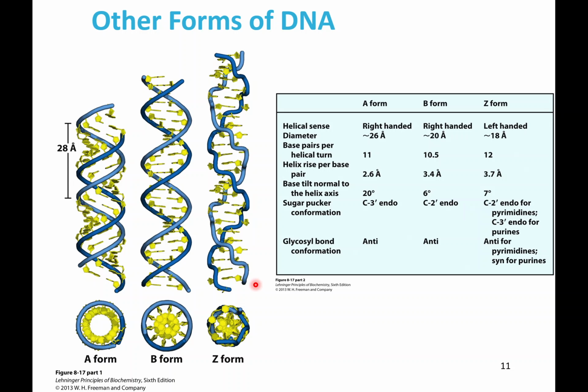The Z form is completely different. The Z form is a left-handed helix. Some of these other numbers probably aren't very important to remember because, right, if I'm asking you about these structures and I say it's a left-handed helix of DNA, you know from right there it's going to be the Z form.